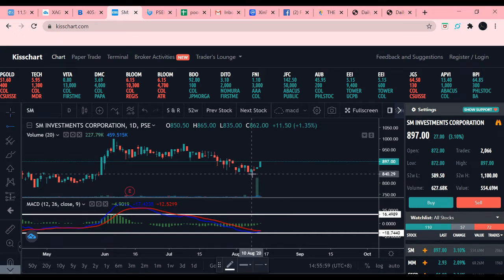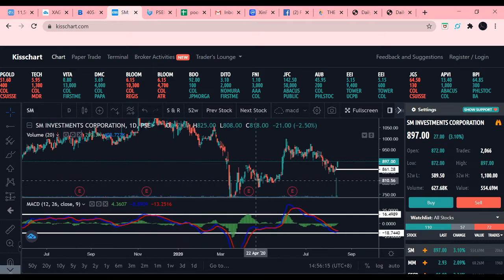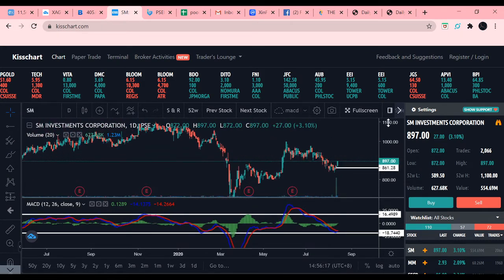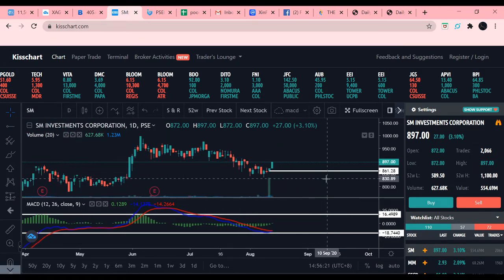So, ang tinitignan ko na this. At tinitingnan ko na support area is this. Yung opening ng 13 billion na transactions. Kasi hindi mo siya makikita na ganun kalaki, oh. So, that level is actually a very strong support.